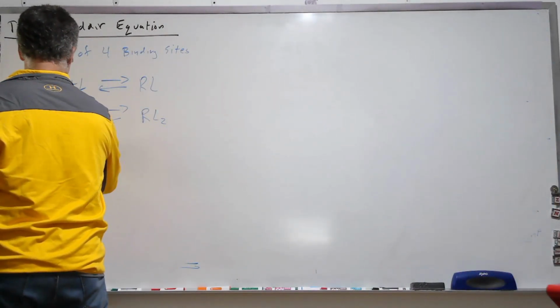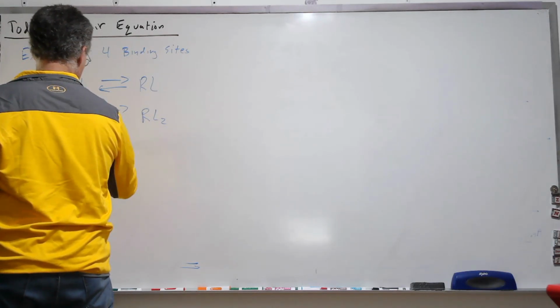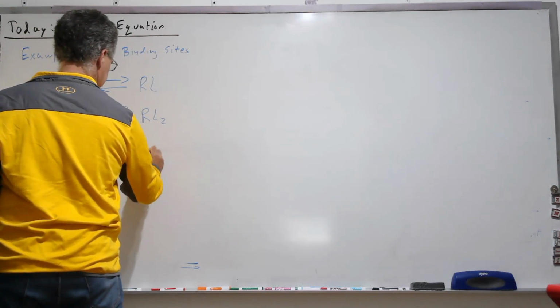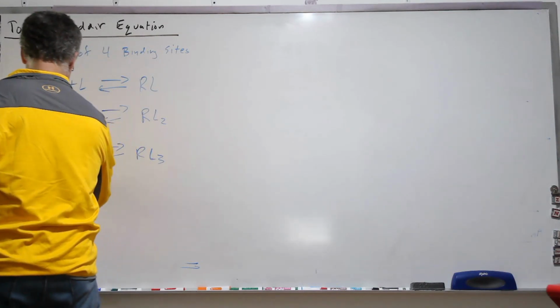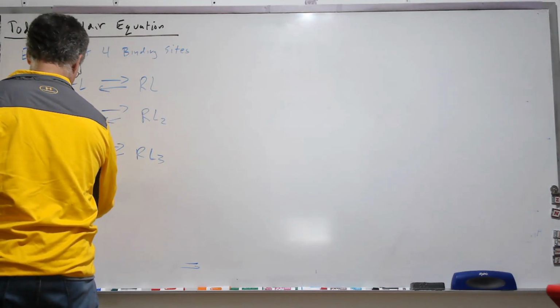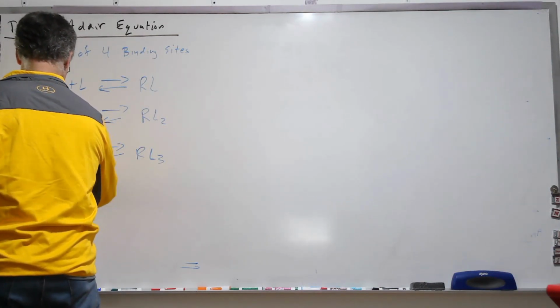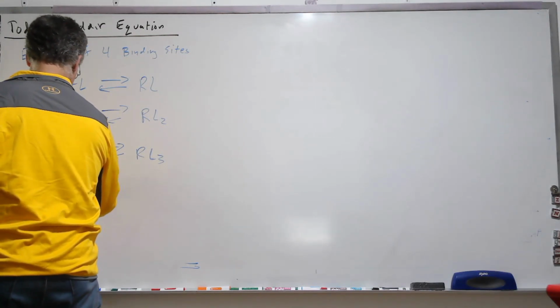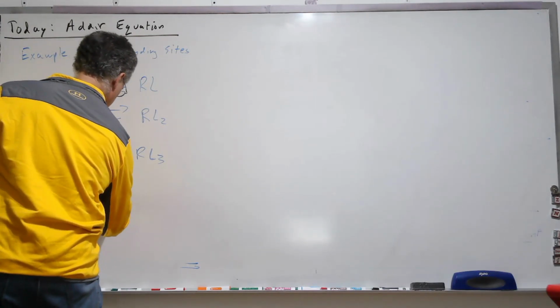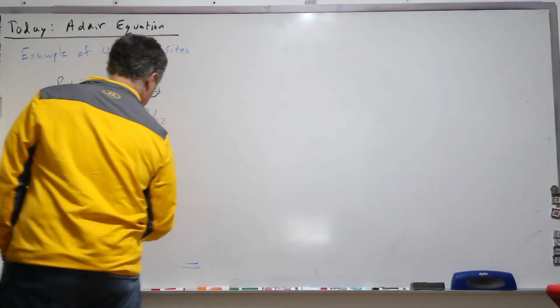And we have RL2 plus L goes to RL3, and RL3 plus L goes to RL4.